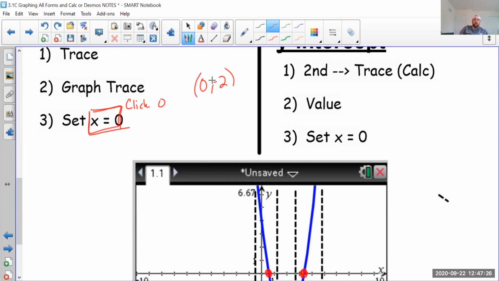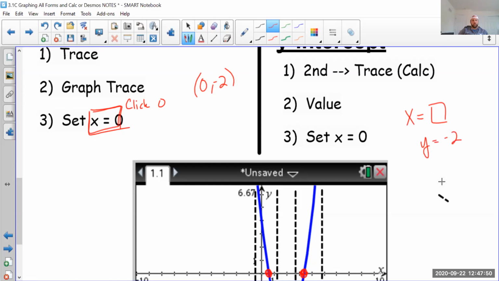If you have the 84, you're going to hit second trace again, so calculate. You're going to go to value, and then it's going to pop up this x equals on your calculator with a flashing box. You'll say x equals 0, hit enter, and again it's going to tell you y equals -2.